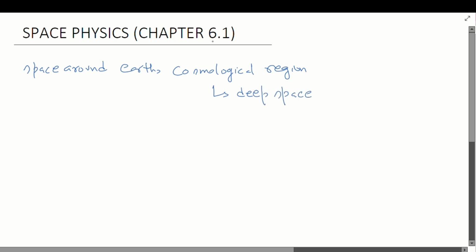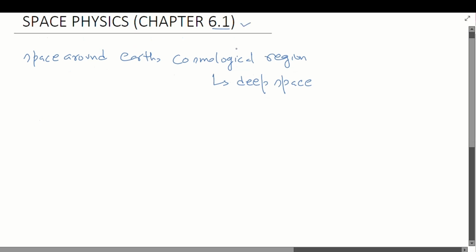In the first chapter, 6.1, we will just cover the space around the sun, in which we will include our solar system, different planets and their moons, and the arrangement of the planets, etc. And in the second chapter, 6.2, we will move to the deep space region, which directly links with the evolution of our stars, including our sun and other cosmological facts.